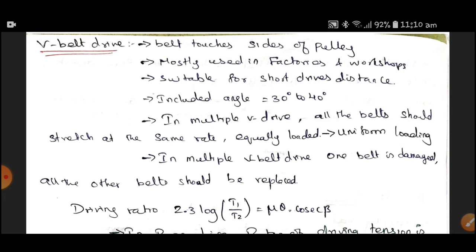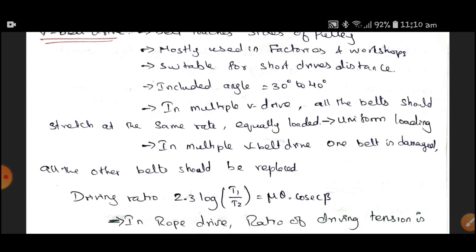That is called uniform loading. In multiple V-belt drive, the important thing we have to notice is if any one belt is getting damaged, we should compulsorily change all the belts. All the belts should be replaced.